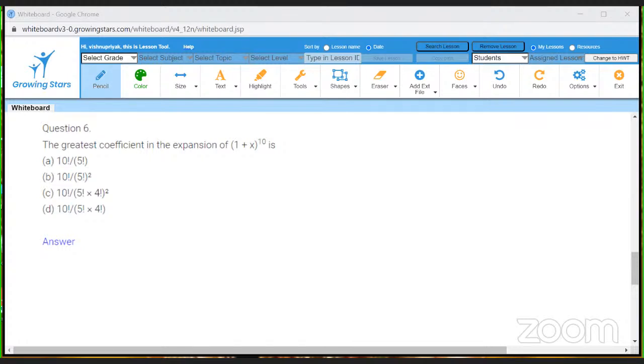Let us do the greatest coefficient in the expansion of (1 plus x) whole power 10. Because the power is 10, a total of 11 terms will be there. You have to see the coefficient of x power r, which will be maximum.